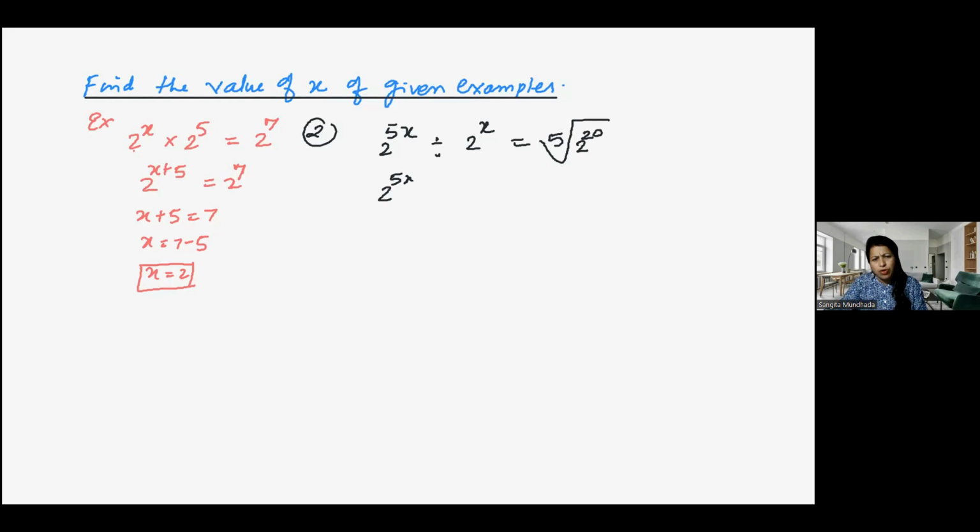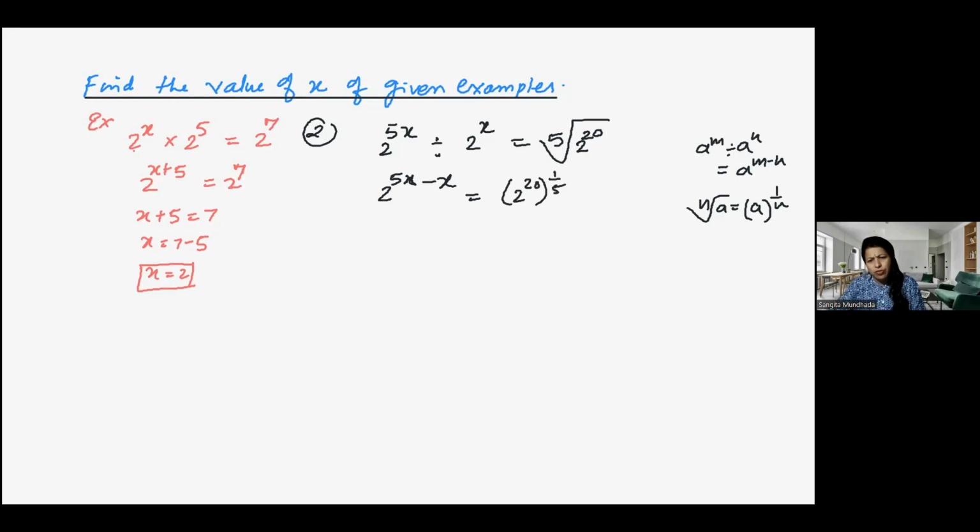So which law will we use here? a raised to power m divided by a raised to power n is equal to a raised to power m minus n. The fifth root of 2 raised to 20. Nth root of a means a raised to power 1 by n. So here 2 raised to 20, raised to power 1 by 5.